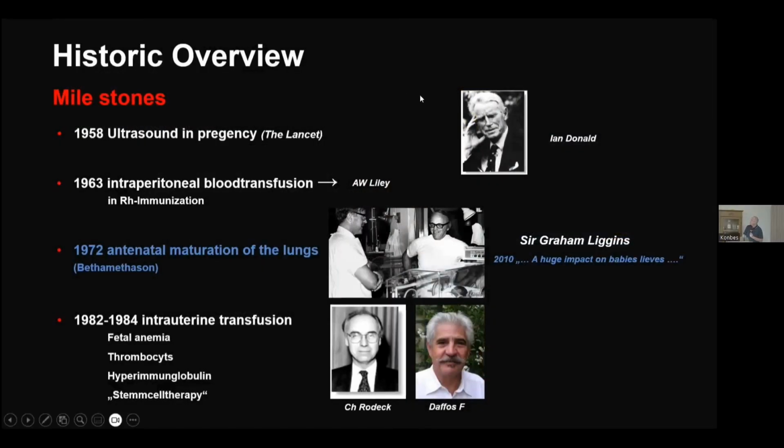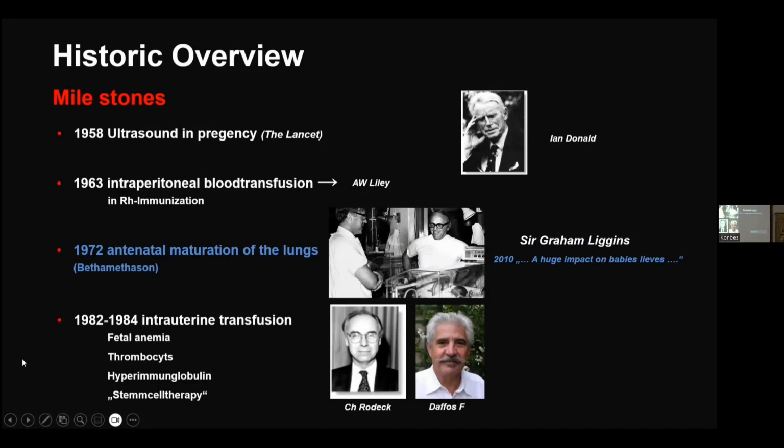These are some historic overviews that show Ian Donald with his first publication, and the first intraperitoneal blood transfusion that was made for rhesus incompatibility. The first treatment was antenatal lung maturation with Celestone by Sir Graham Liggins, started in Australia.